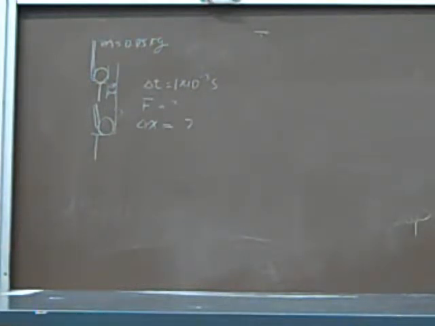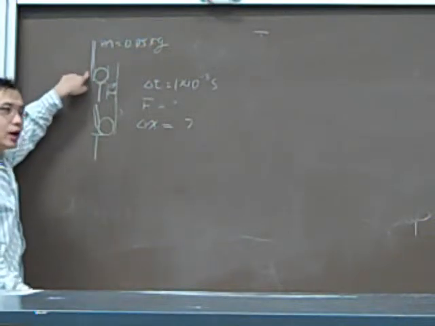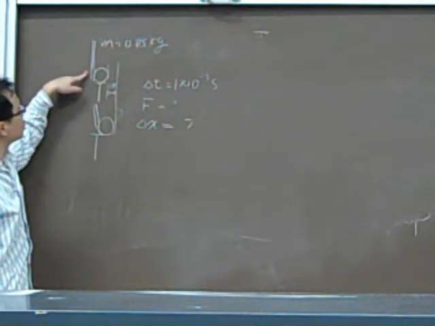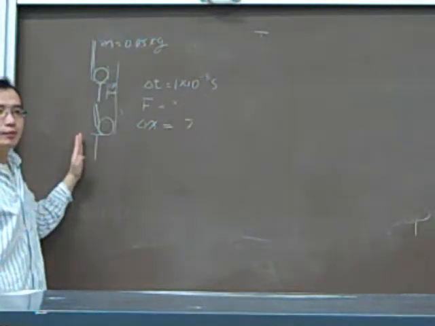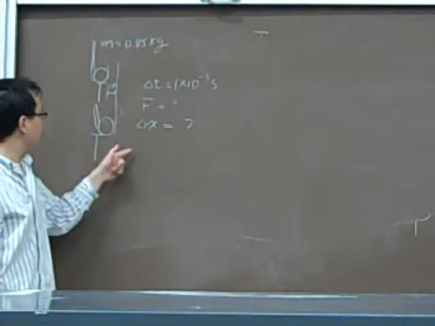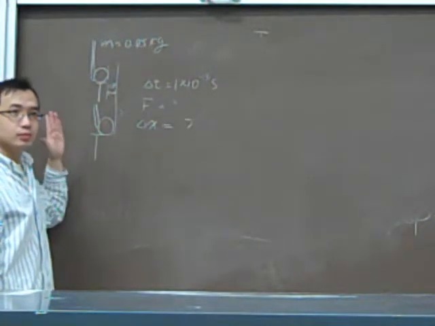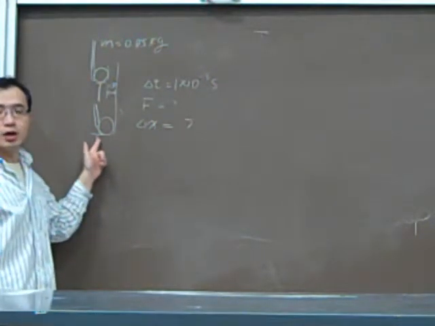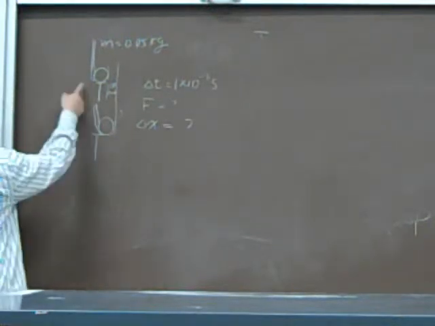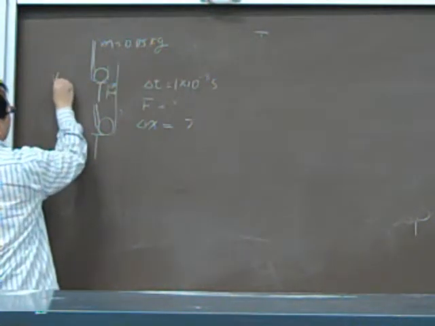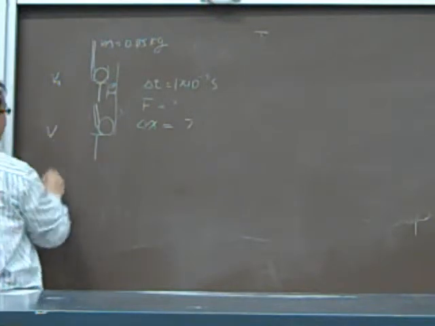So this is our initial time, the moment when the club hits the ball. And this is our final time, when the ball starts to leave the elevated tee. So we have v naught, and here we have final v.